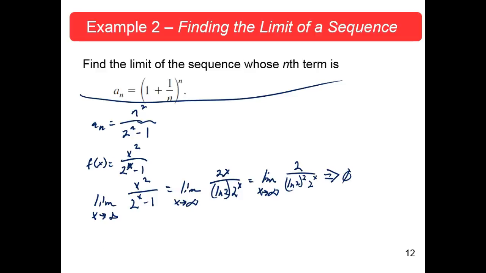Just keep applying it until you either get something you can evaluate or something that blows up. And that will tell you whether it's going to be converging or not. So that one's going to 0. And that's what we saw when we did a few terms and said, yeah, the numerators are going up sort of fast, but the denominators are going up really, really fast, so it's going to 0.